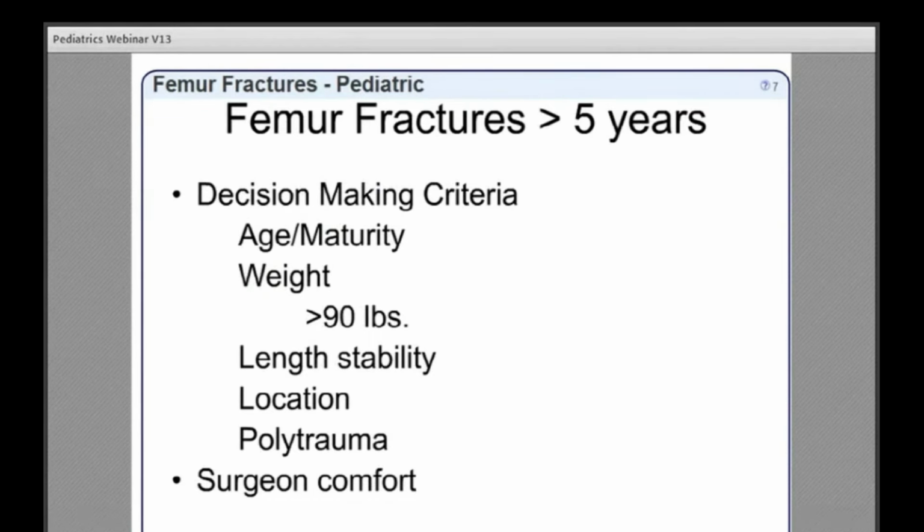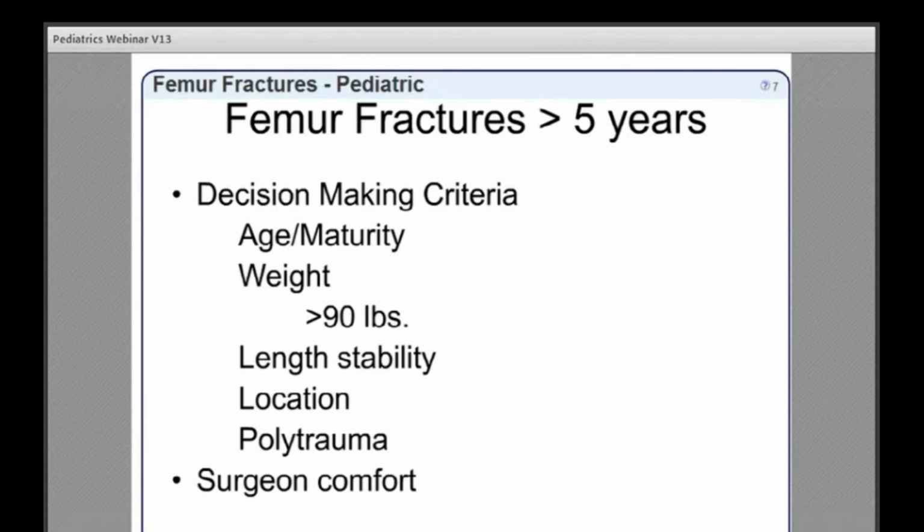So children between the ages of 5 and 11 have a variety of treatment options for treating their femur fractures. And the decision-making criteria isn't always straightforward. And making these decisions depends on a variety of factors, including the age and maturity of the patient, the weight of the patient, the length stability of the fracture, the location of the fracture, whether it is proximal third, diaphyseal, or distal third, and the presence or absence of polytrauma or multiple extremity injuries in one patient.